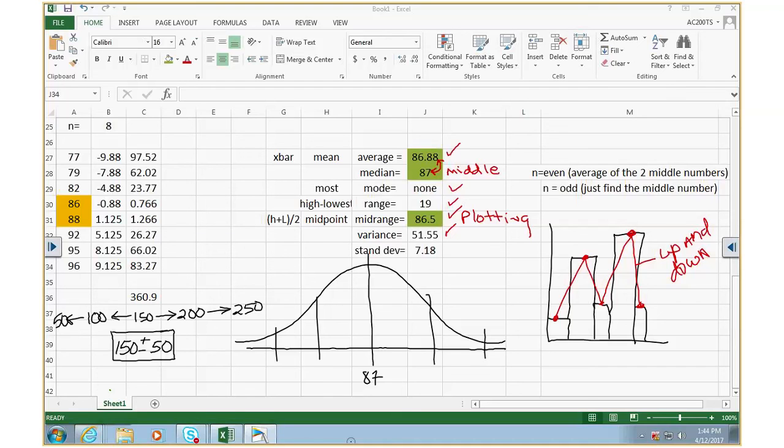And what's the standard deviation? 7. So what's 87 plus 7? And 94 plus 7? 87 minus 7? 87 minus 7 is 80. And 80 minus 7 is? And that's what the standard deviation gives you.